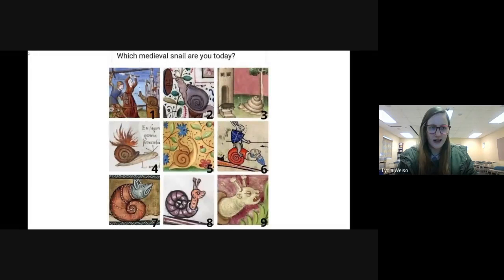So for today's journal, you are just going to take a look at this set of images. Now, these are all medieval snails from the margins of medieval manuscripts. This is called marginalia.